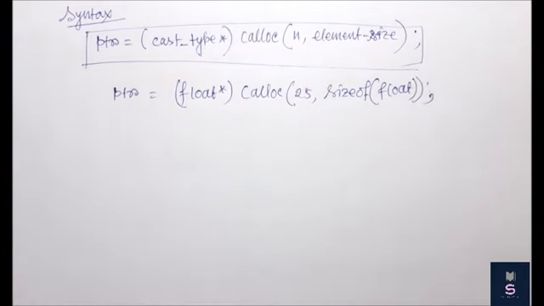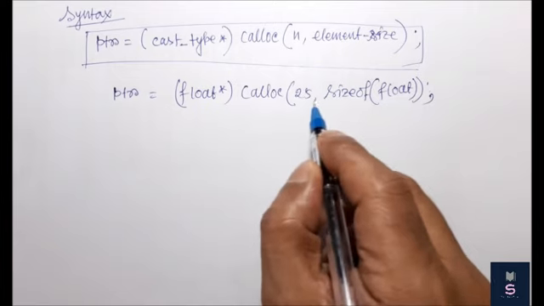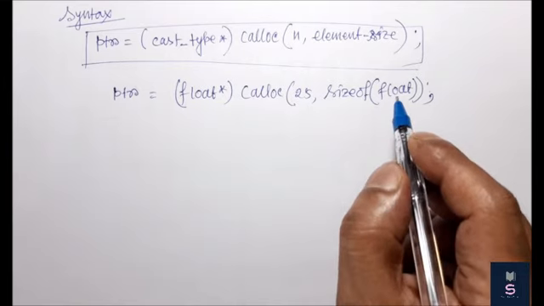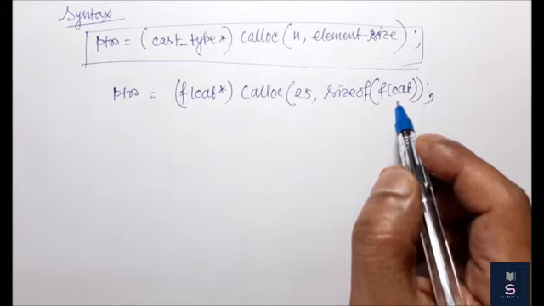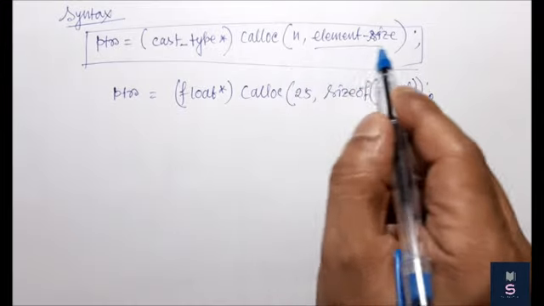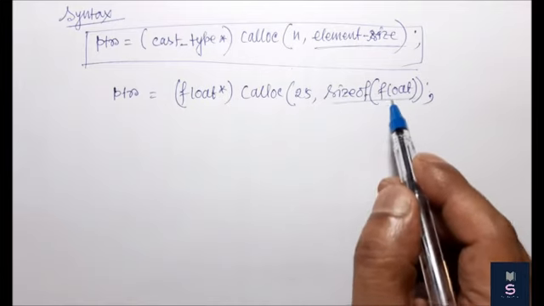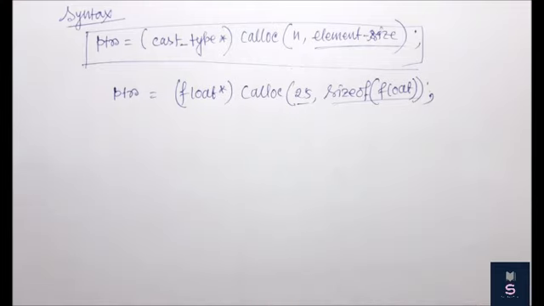So, this statement allocates continuous space in memory for how many elements? 25 elements, right. And what kind of element is it? Float type, with the size of float. So, n stands for the number of elements, and here we give the size of each element. From this example we can get the size of the element, and from the 25 we get the number of elements, right.